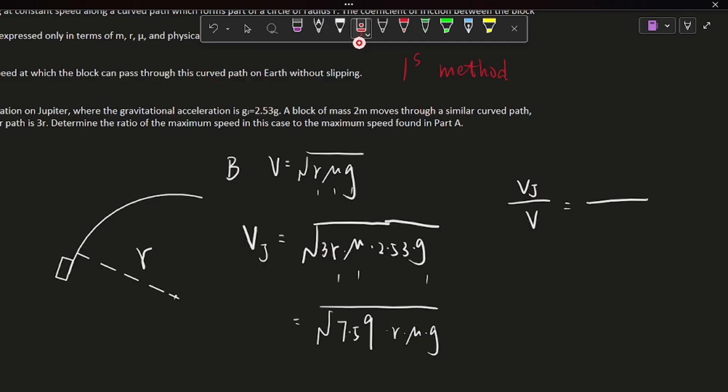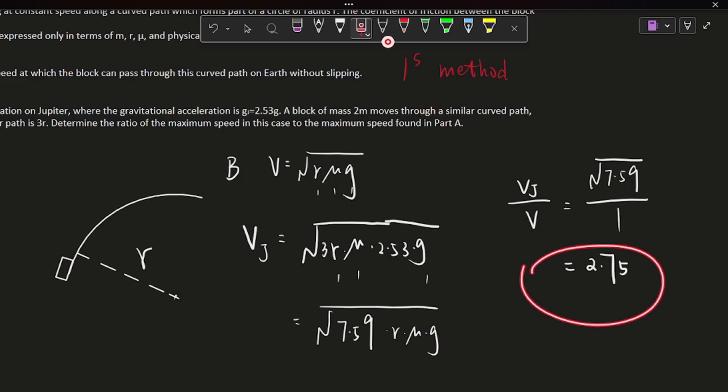The final ratio will be the square root of 7.59 over 1, which will be 2.75. And this will be your answer.